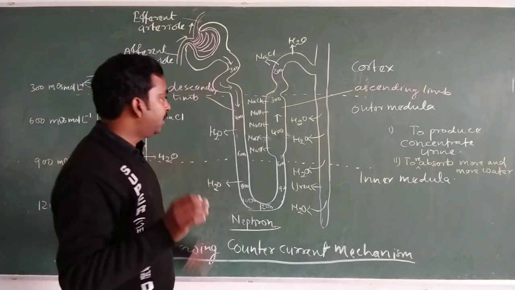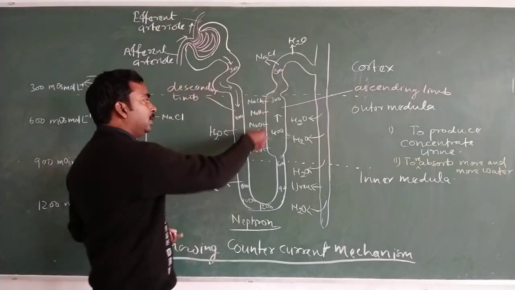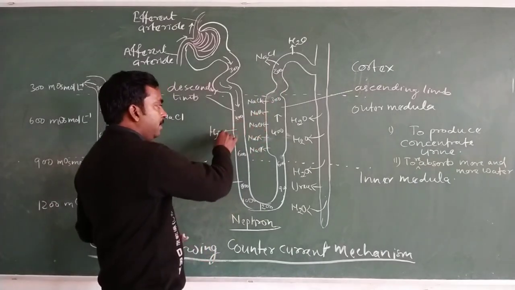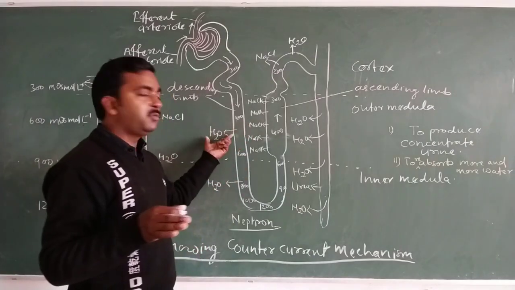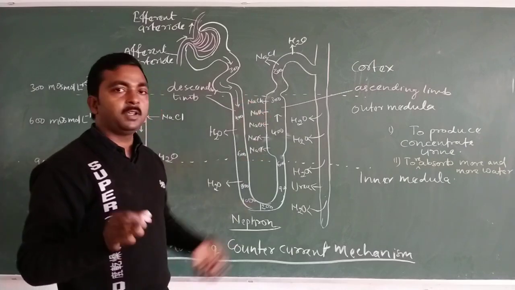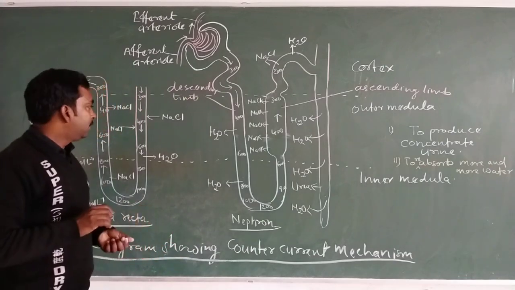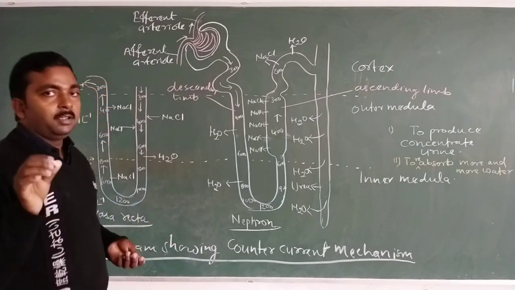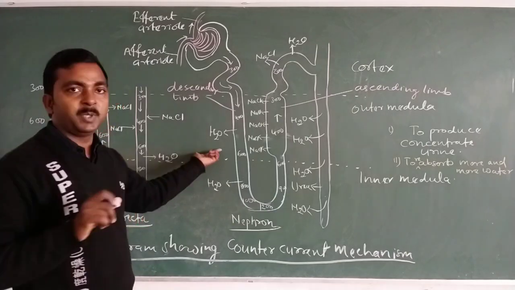This increase and decrease of osmolarity takes place due to the release and reabsorption of water as well as the release of electrolytes. The release of electrolytes results in a concentration gradient in the interstitial space.